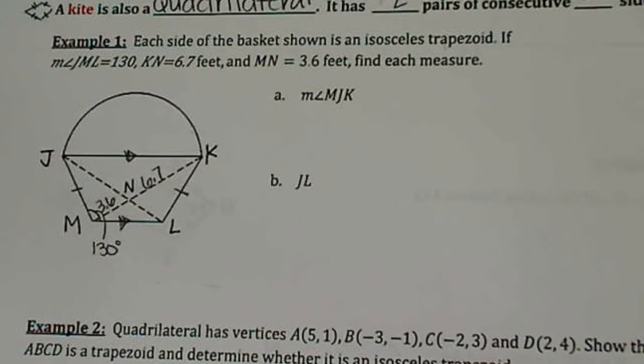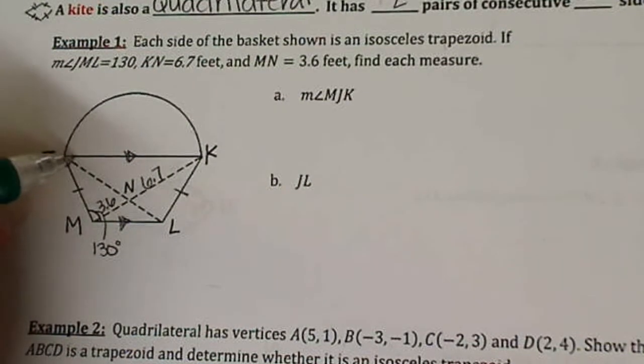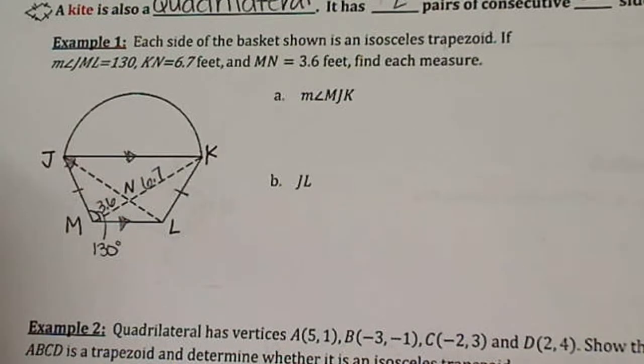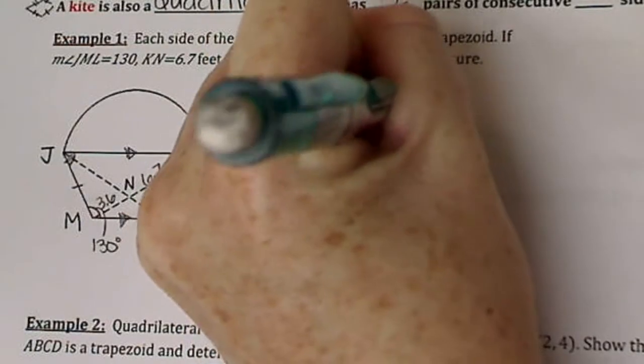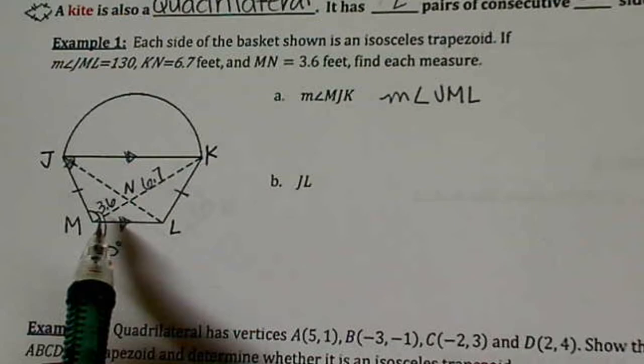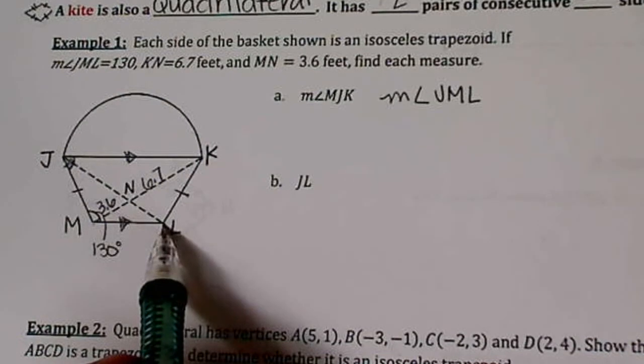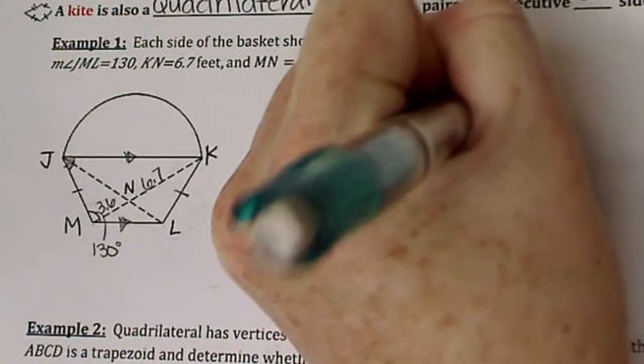We want to find the measure of MJK, this angle way up here, okay? Well, the cool thing about isosceles trapezoids is that the measure of angle JML, this bottom angle, is the same as this bottom angle, MLK.